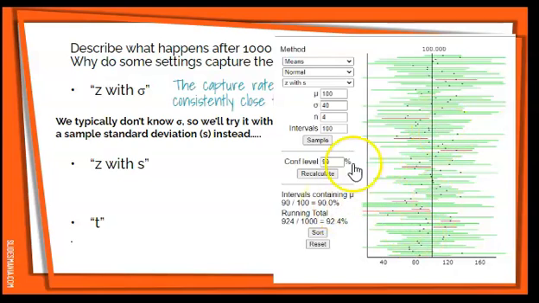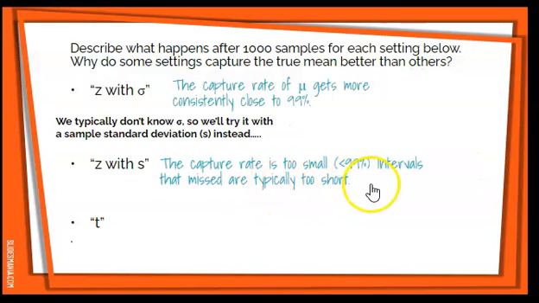Well, the problem is there's so much error built into it because it represents only a sample, not the whole population. So we're missing the mark. And if you'll notice, there's several reds in here, meaning they did not capture the true parameter. So the capture rate's too small if I use S and I try to use a Z star value. Okay? The intervals are typically too short in that case.